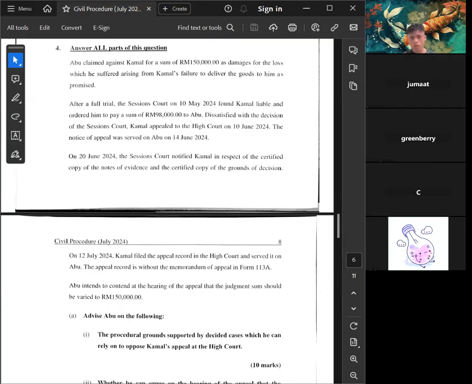Yes, you are correct. So everything when it is appealed to the High Court, we are safe. We still can find it in Order 55. So let's flip to Order 55 because Cindy has already mentioned that appeal record. So the relevant order is Order 55 and rule 4.